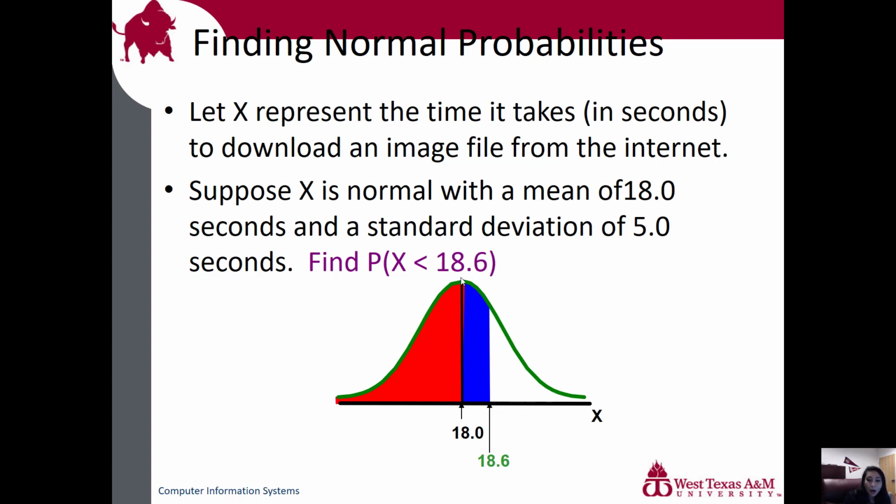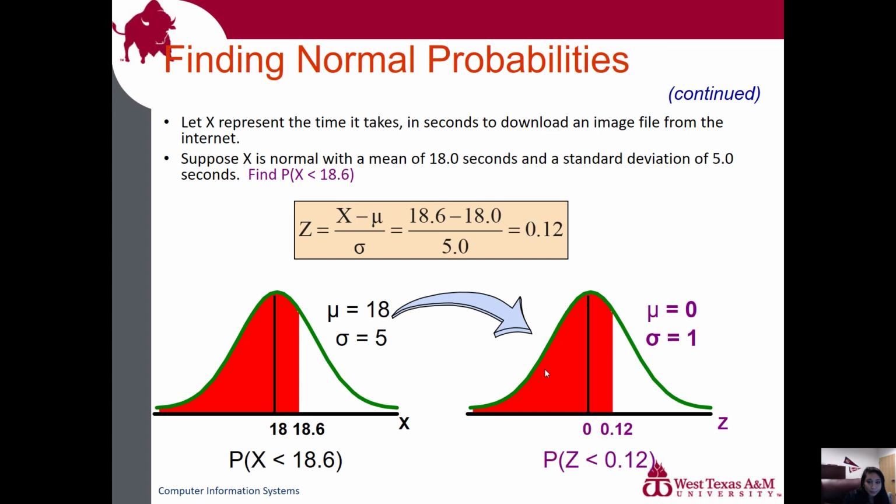So we can draw our normal distribution. There's our mean of 18, and we want to find the probability that the download time for an image is less than 18.6 seconds. So our first step would be to translate our x score into a z score.